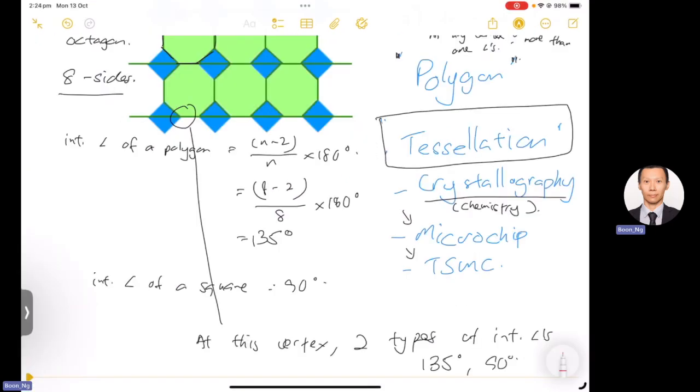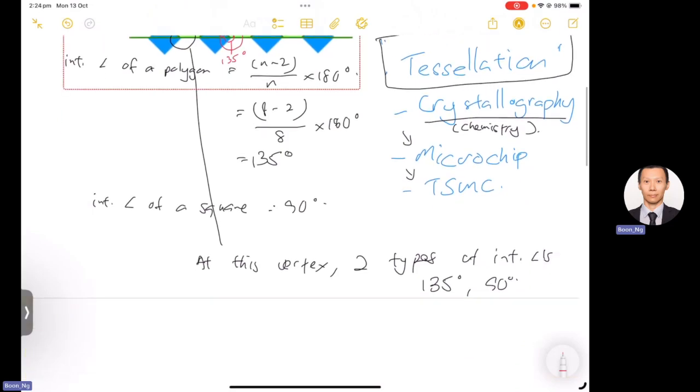Okay? All right. So the next thing, for an extension question for this semi-regular tessellation, you can see here this particular vertex, you can see 135 and 90. So let's see in terms of calculation if this is in line. So we know that one is 135, the other one is 90.